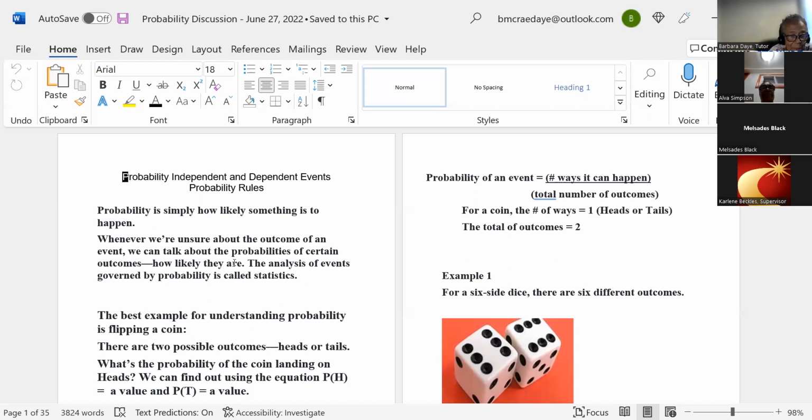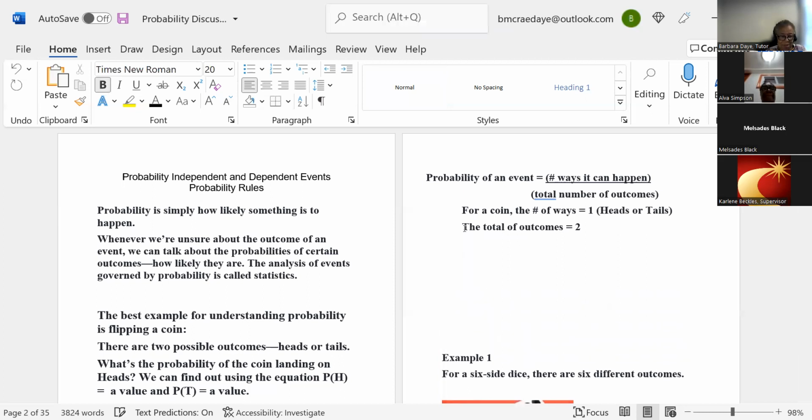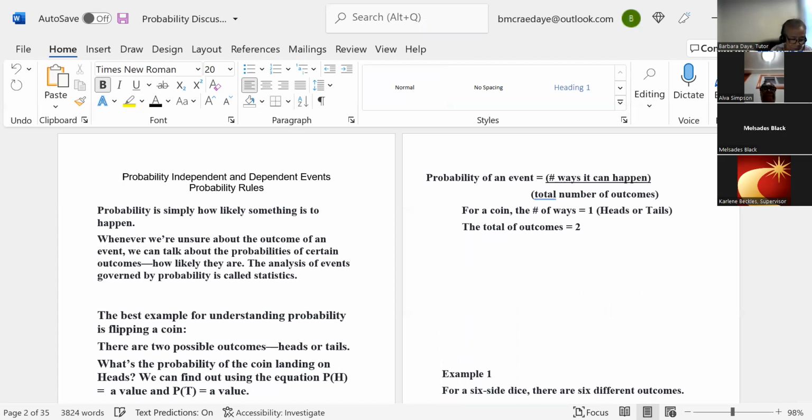But now if you flip 2 coins, let me just put this here. Now let's change it where you have 2 coins. If you flip 2 coins, what combinations could you get, Alva?